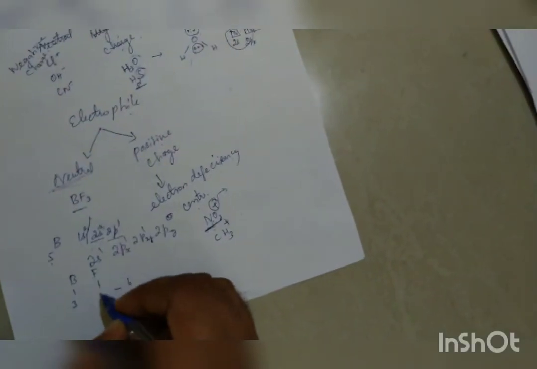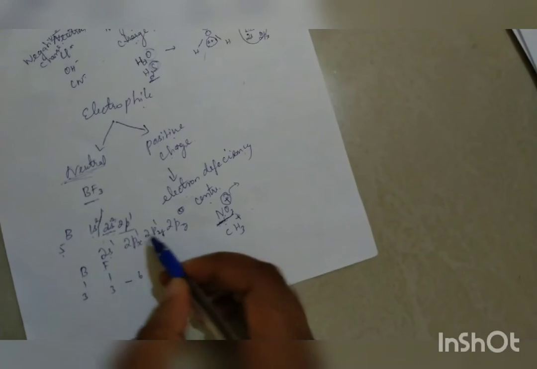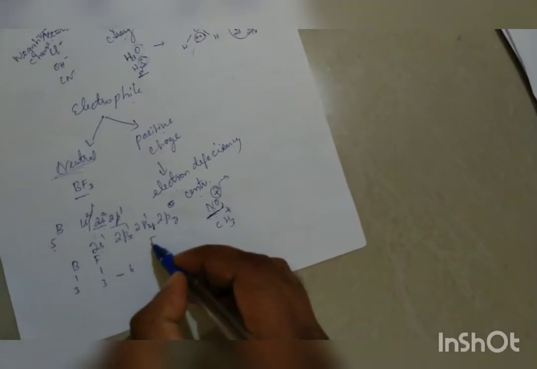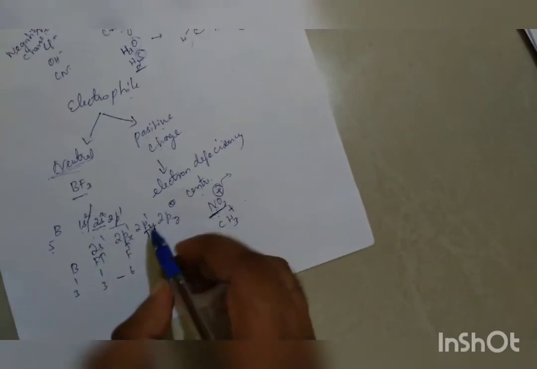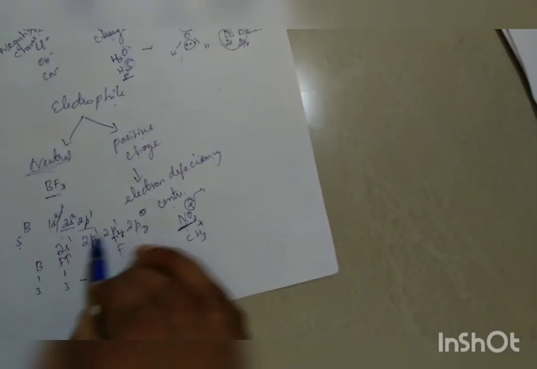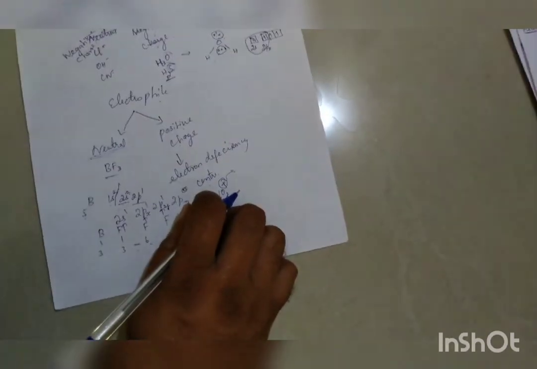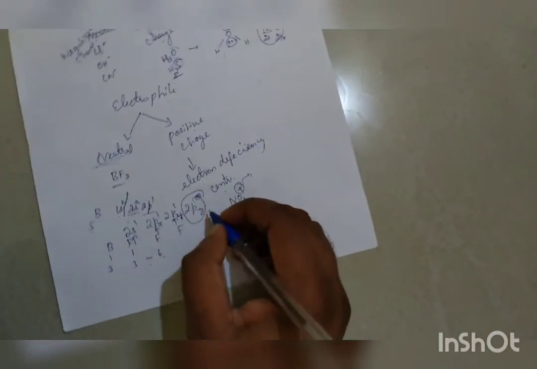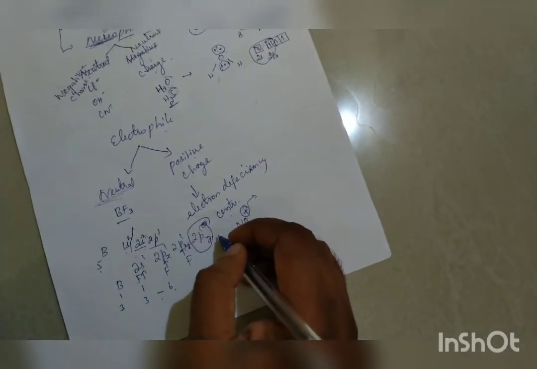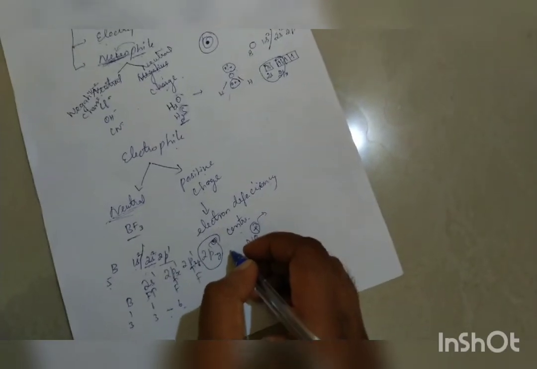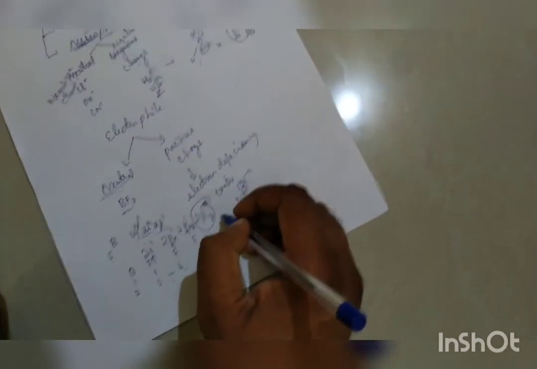The bonds are contributed with 2s, 2px1 and 2py1. In the outermost shell there are three electrons, so six electrons only are possible. That's why the 2pz orbital is going to be empty. It is an electron deficient molecule.